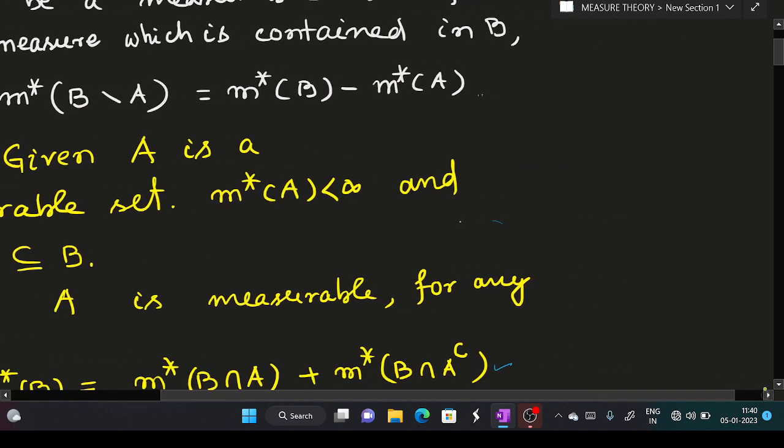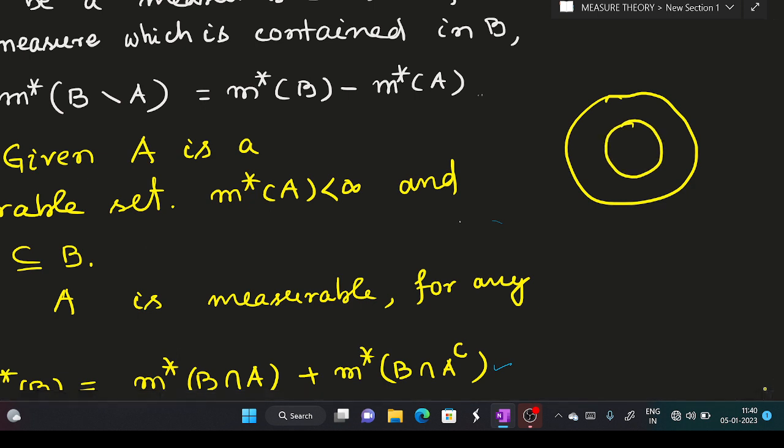Now diagrammatically, how will it look? This is my B, this is my A, and the portion in between, these elements, are B difference A. Now here, as A is a subset of B, what about B intersection A?